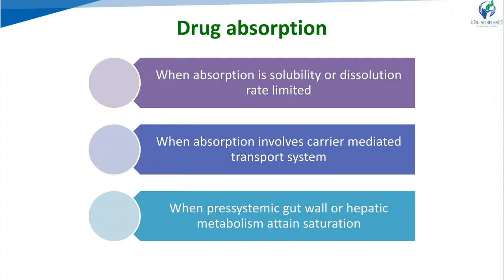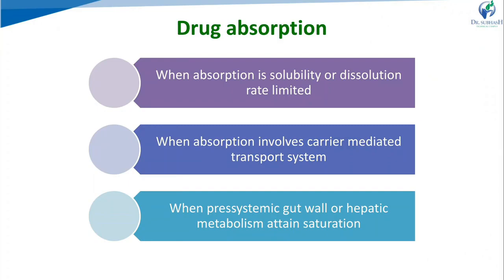Third, when pre-systemic gut wall or hepatic metabolism attains saturation, that also affects linearity. Examples are propranolol and verapamil. Saturation of the pre-systemic metabolism of these drugs at high doses leads to an increase in bioavailability.